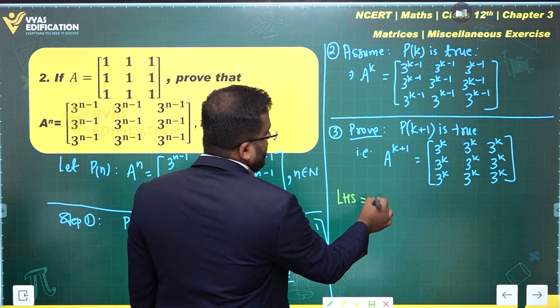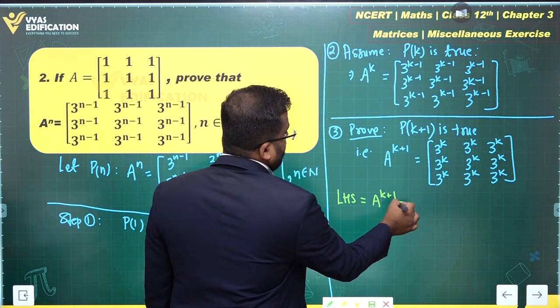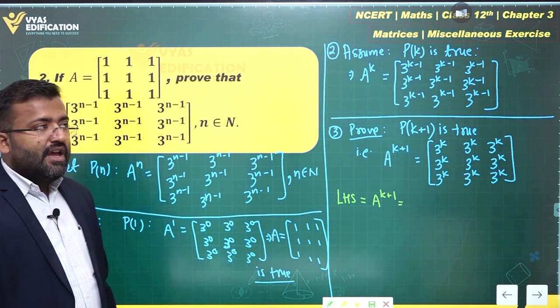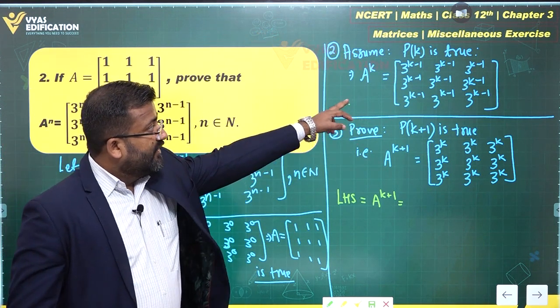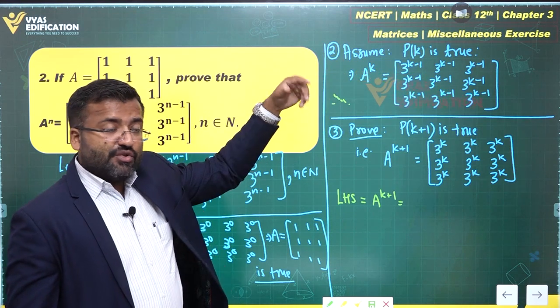LHS is equal to A power k plus 1. Now, what is A power k plus 1 equal to? We have to use the assumed statement, since it is assumed to be true.